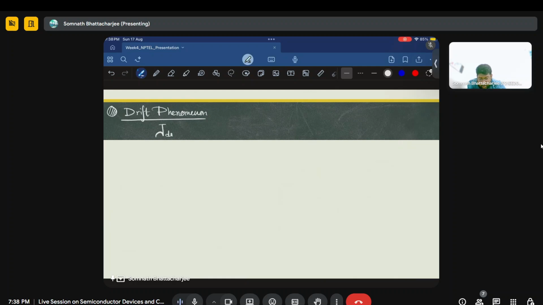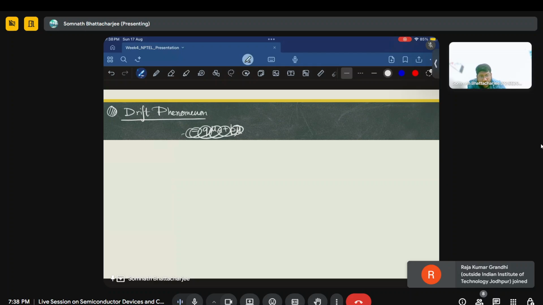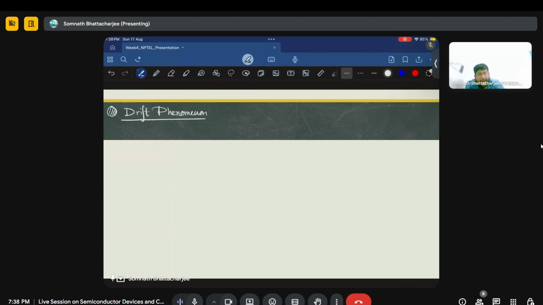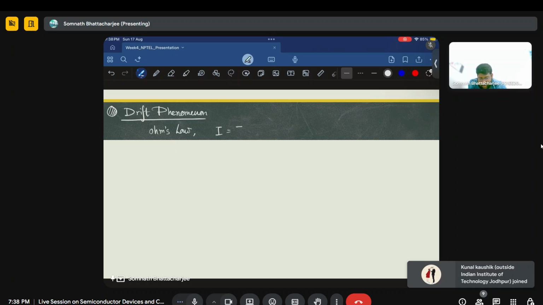We have already got J drift, so we have the value of J drift here. From Ohm's law, the value of I should be J into A, so we can write it like this.